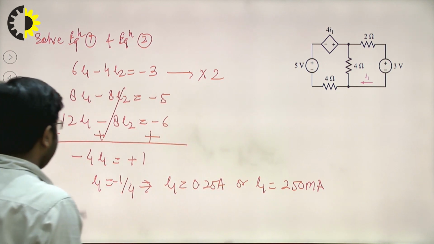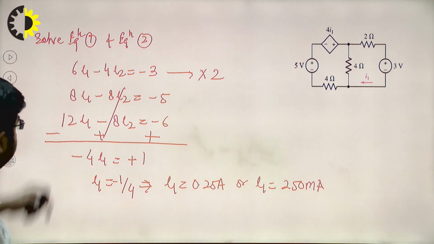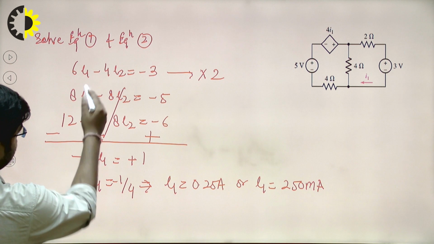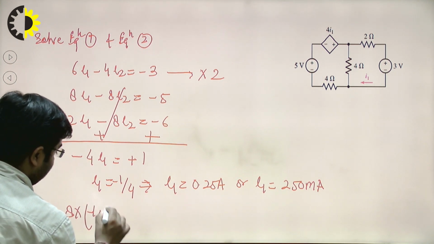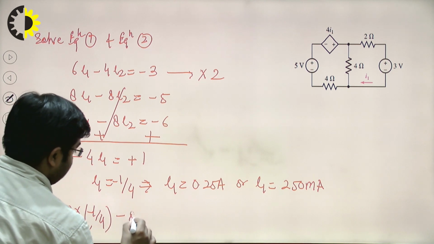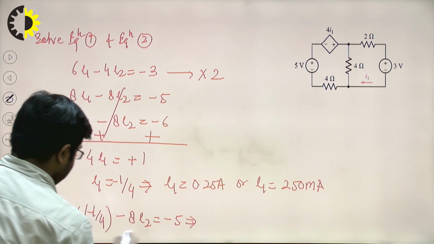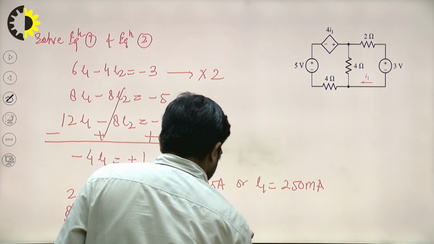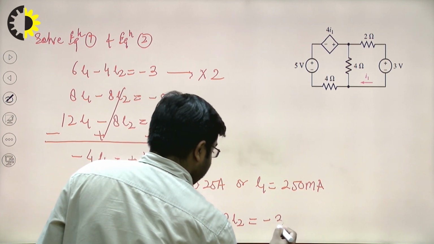Now put the I1 value in this equation. So 8 into minus 1 by 4 minus 8 I2, that is equal to minus 5. So this will be minus 2. So from here you can write minus 8 I2 is equal to minus 3.